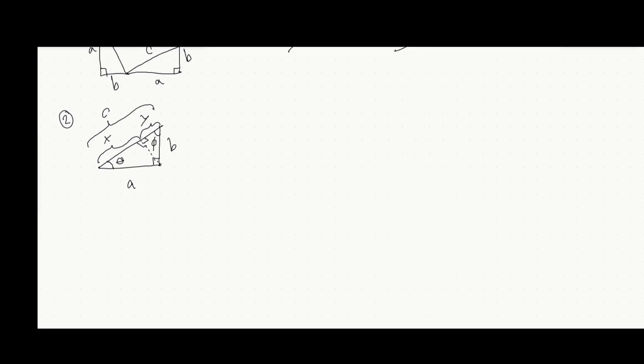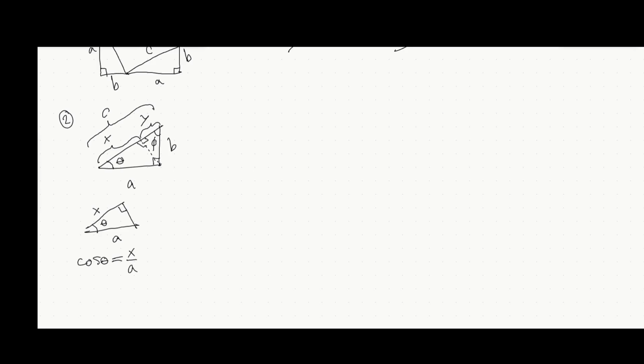So in order to find this x component, let's look at this triangle here. It's got a leg x and hypotenuse a, and we know that the cosine of theta here is going to be the adjacent over the hypotenuse a.